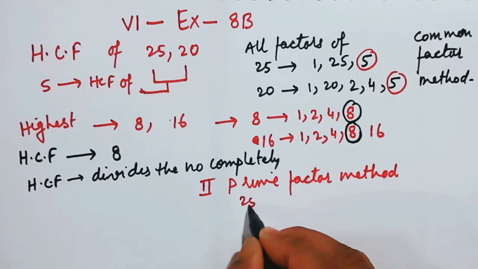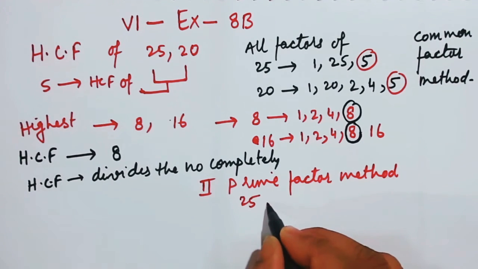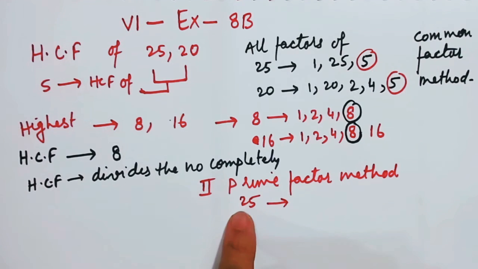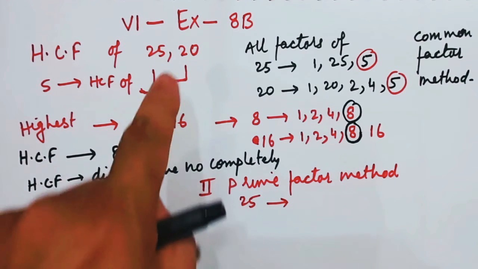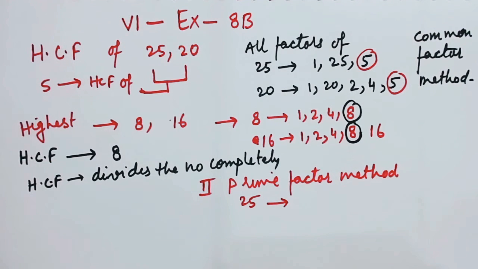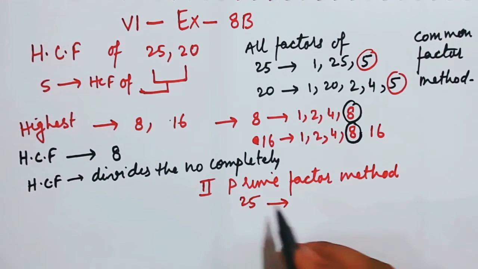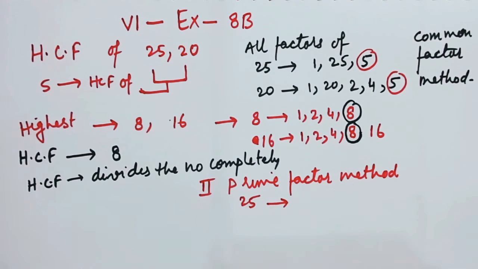For 25 and 20, using the prime factor method, you will have to break them into factors.